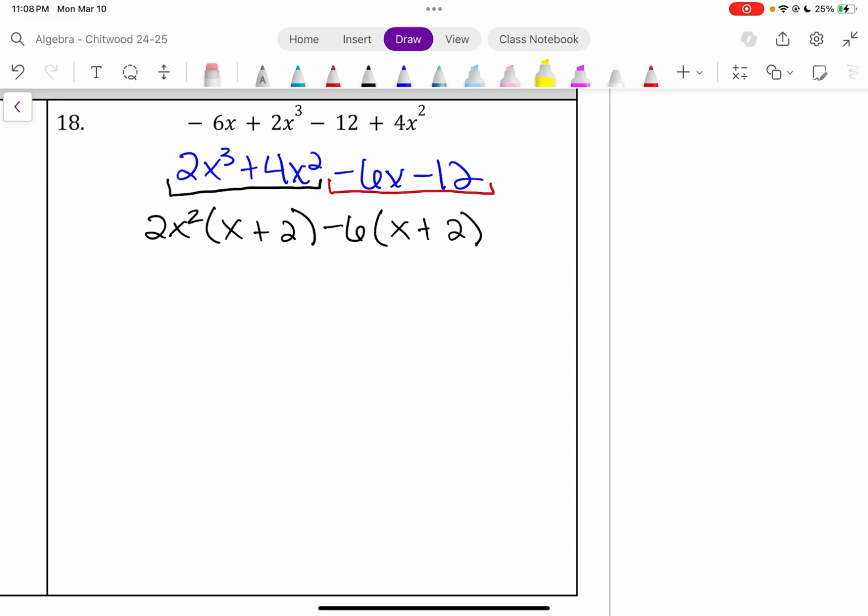I want to start by writing my GCFs first. So I have 2x squared minus 6. That is my GCF. Then my remainder is x plus 2.